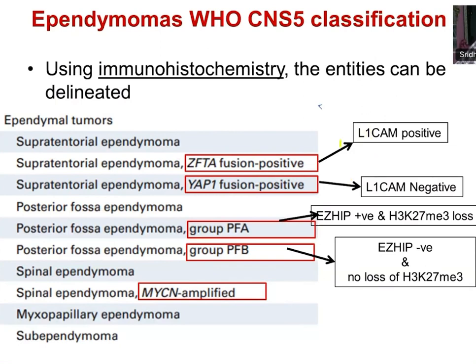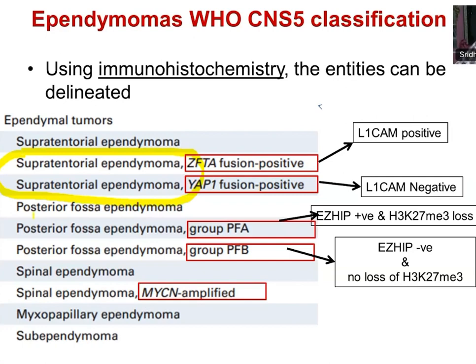P65 and L1CAM positivity is for the ZFTA fusion. If L1CAM and P65 are negative, that indirectly tells you it is YAP fusion positive. There is no positive marker for the YAP fusion group, but negativity for L1CAM and P65 should tell you it is YAP. So using an immunohistochemistry panel of L1CAM and P65, you can decipher these molecular groups of supratentorial ependymoma. Got it? Yes? Yes, sir.